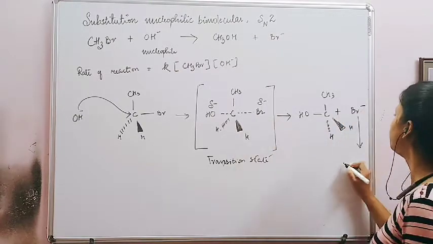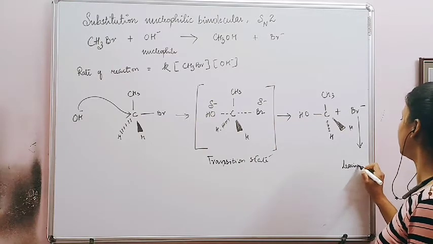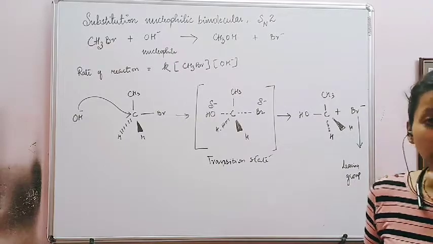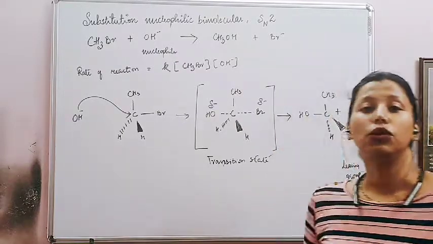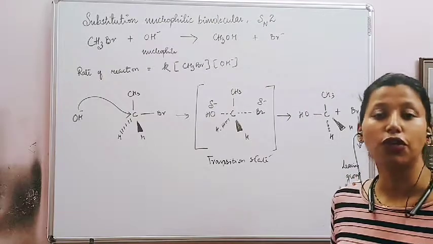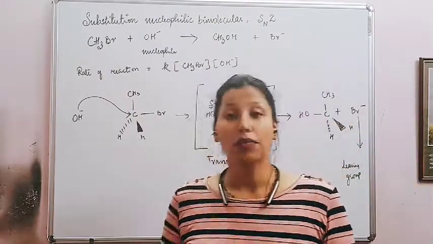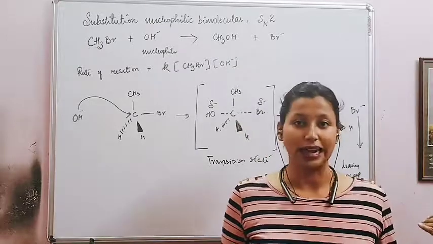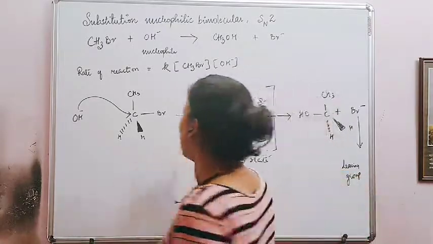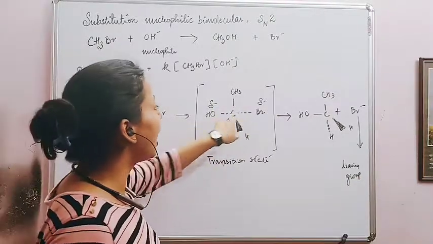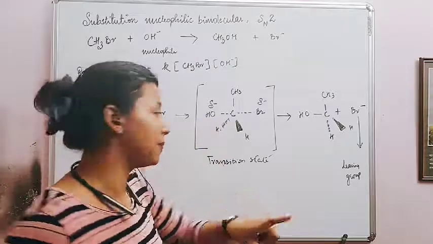This is our leaving group. Now, this statement that the molecule flips is known as inversion of configuration, and about inversion of configuration we will learn in detail when we do optical activity. So I hope this is understood, that there is a backside attack and bond breaking and bond making take place at the same time.